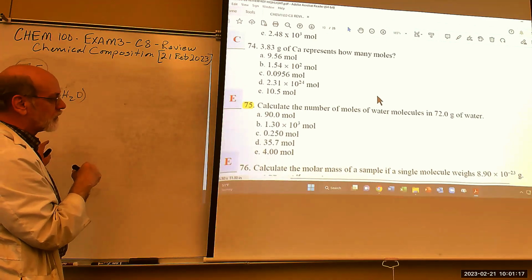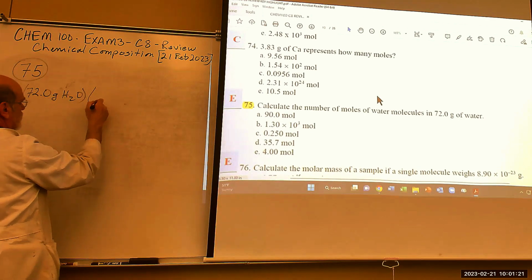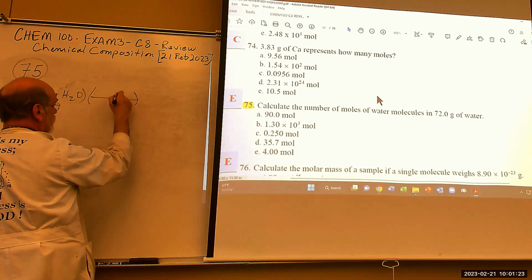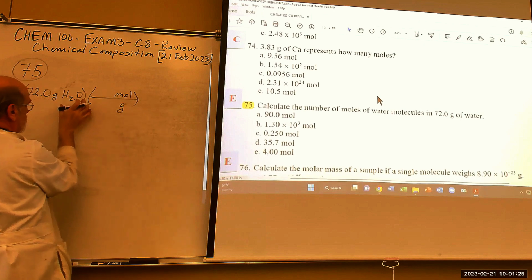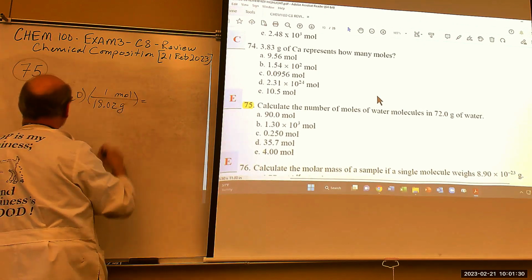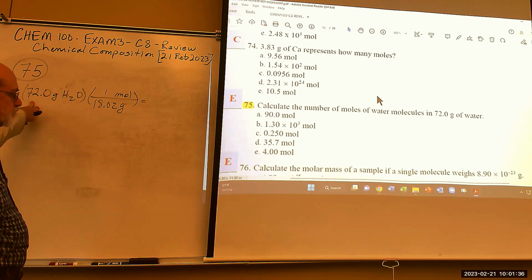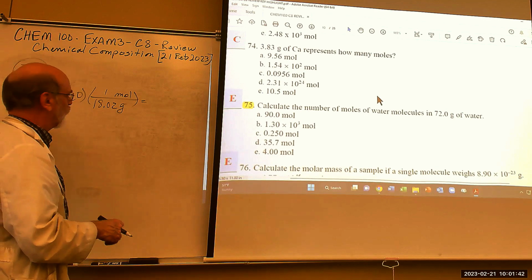No, number of moles of water molecules. So all we need to do is convert it to moles, right? Use the molar mass there, 18.02. And 18 into 72 is about 4. Yeah. In fact, they're saying it's exactly 4.